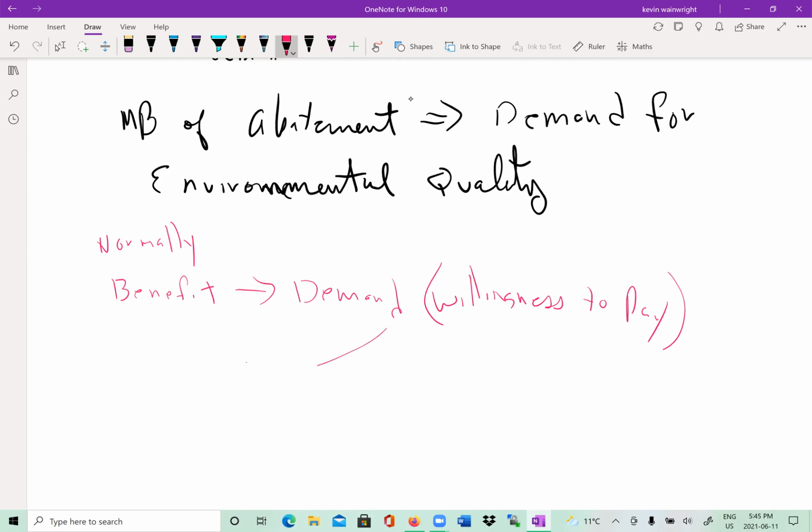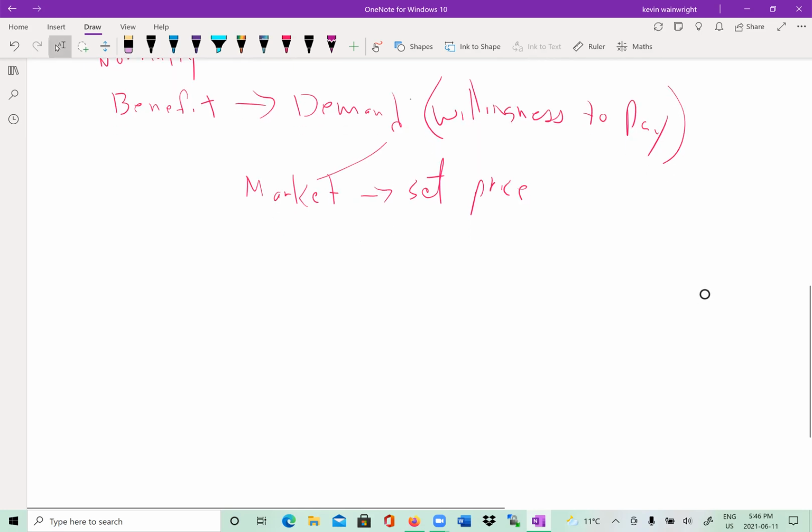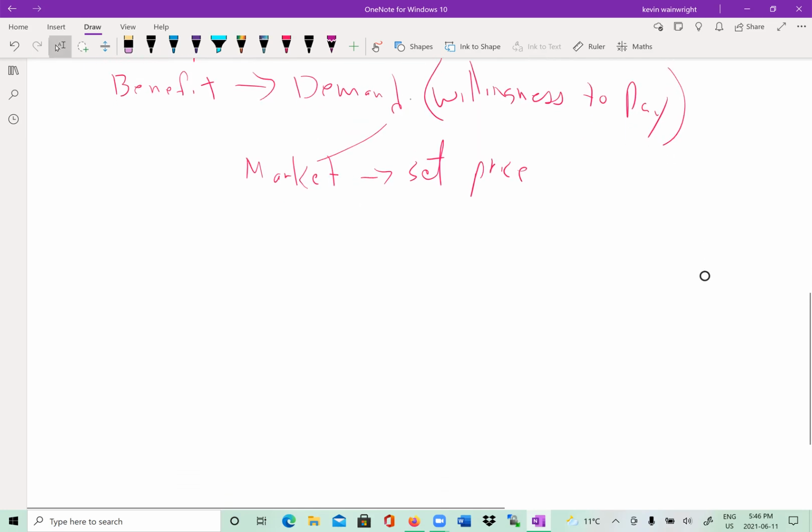And that feeds into a market. And that market then will set price. So that's how a normal market system works. The benefit of a good translates to demand. Demand leads to a willingness to pay, which sets the market price.